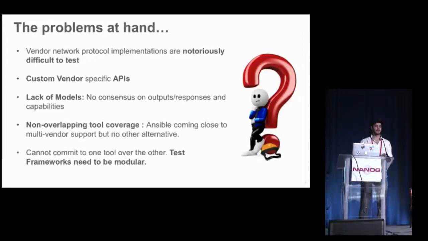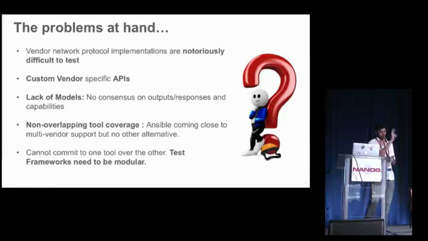So the real problem is that you cannot really commit to one tool over the other. Usually you end up using a multitude of tools, or at least start splitting up your tests across the deployment topology so that you can test different vendors at different times, which again increases the time that it takes to actually test your requirements.